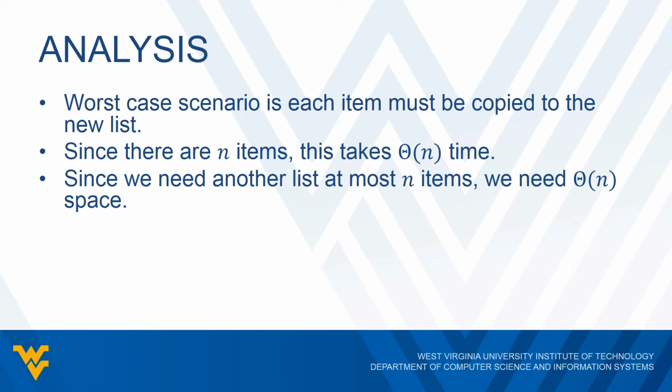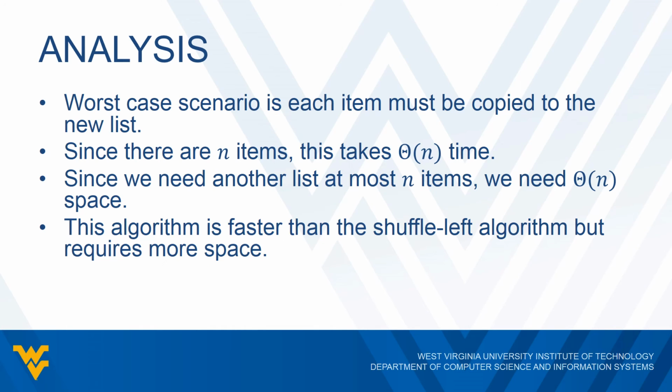Now, what about the space? Well, we need another list of at most n items. So that means we need theta of n space, because remember, we're looking at how much additional space we need on top of the size of the input. So we need an entire second list. What we find here is that the algorithm is a lot faster than our shuffle left algorithm, because before it was theta of n squared, and here this is theta of n.